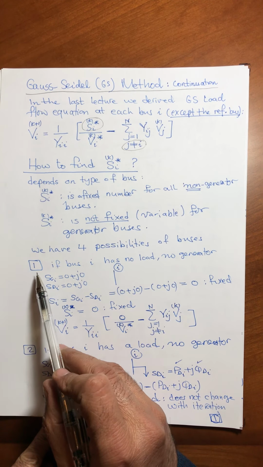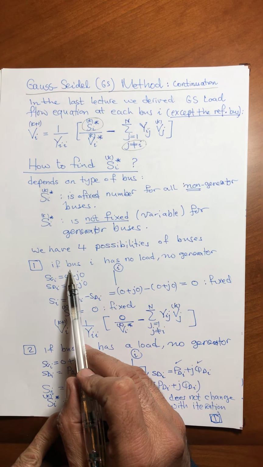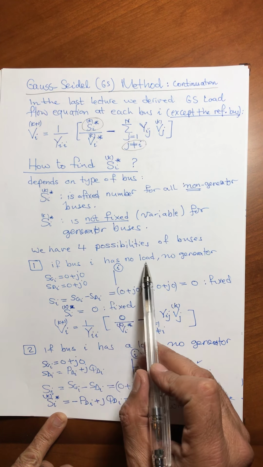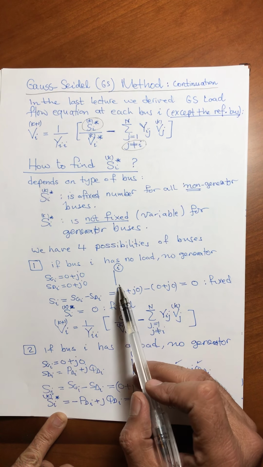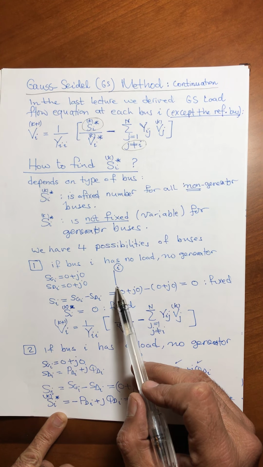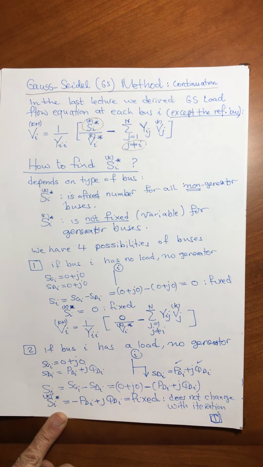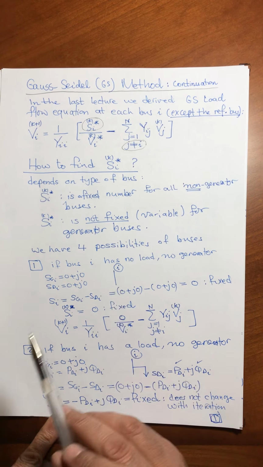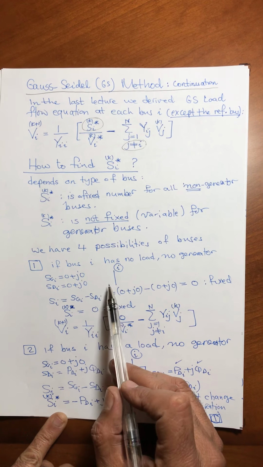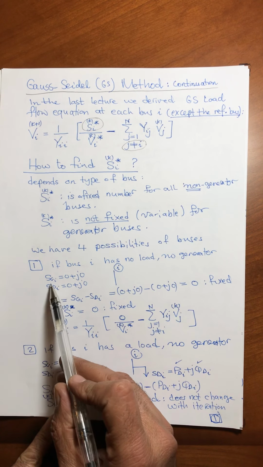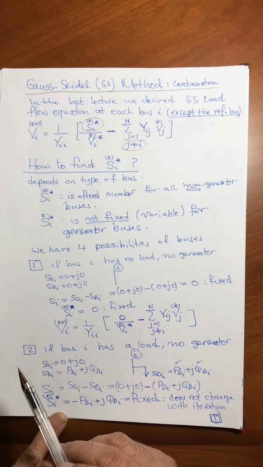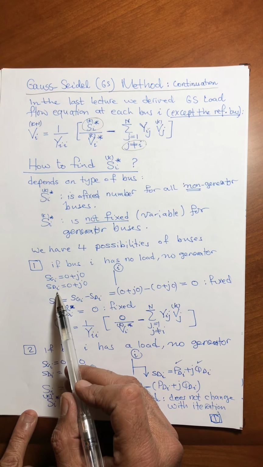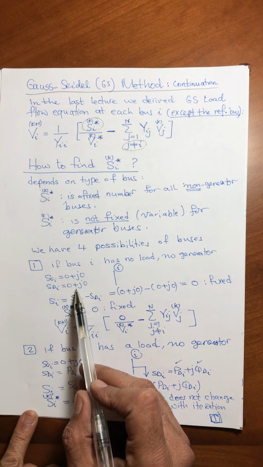The first possibility, if bus i has no load, no generator. يعني بمعنى إنه bus i is a passive bus. In this case, bus i has no generator, no load. SGi equals 0 plus j0, and S demand at bus i equals 0 plus j0.